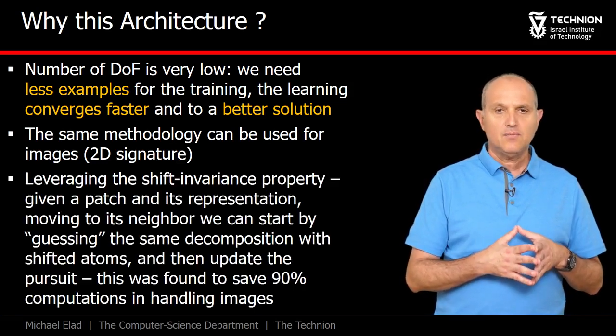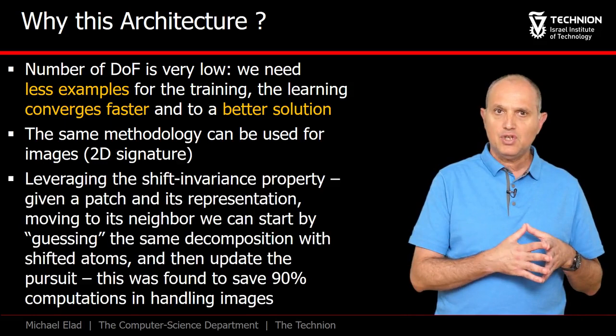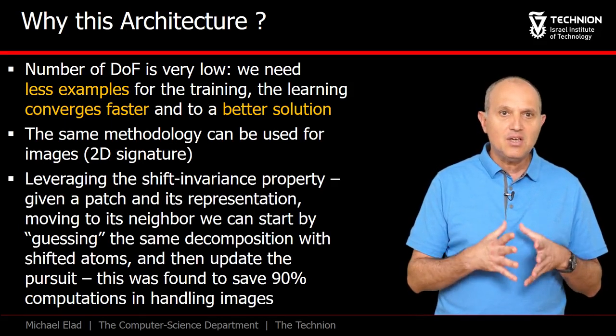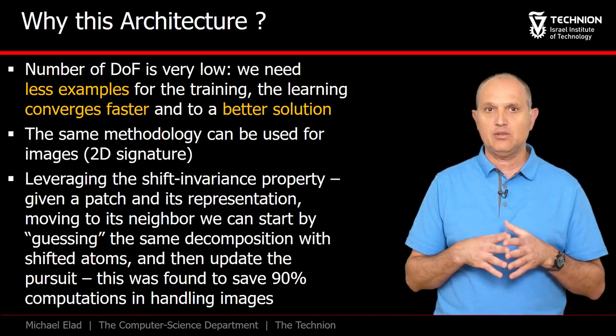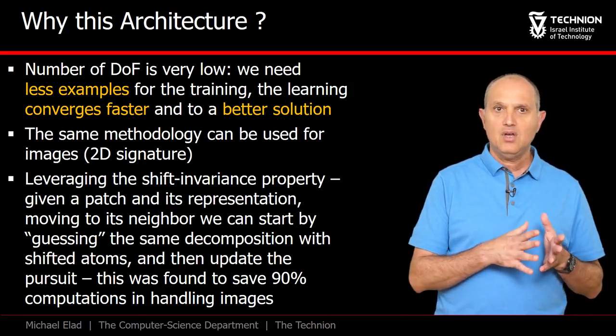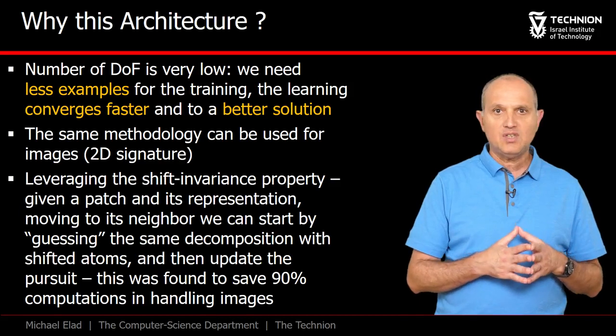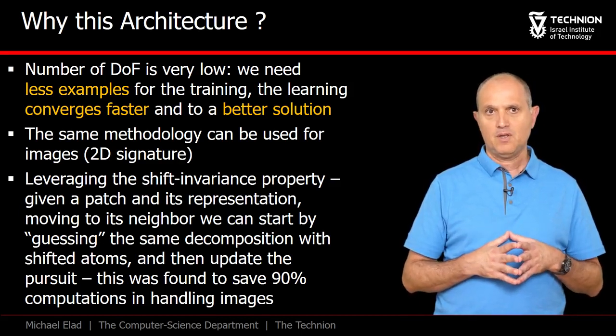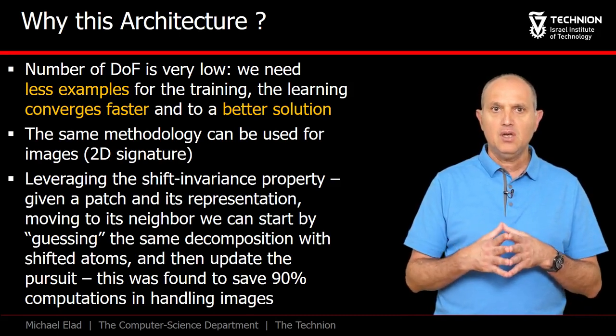In this context, it was shown that given a patch and its representation, moving to its neighbor, we can start by guessing the same decomposition with shifted atoms, and then update the pursuit if required. This was found to save 90% of the computations in handling images. This is exactly the shift invariance property we started from.